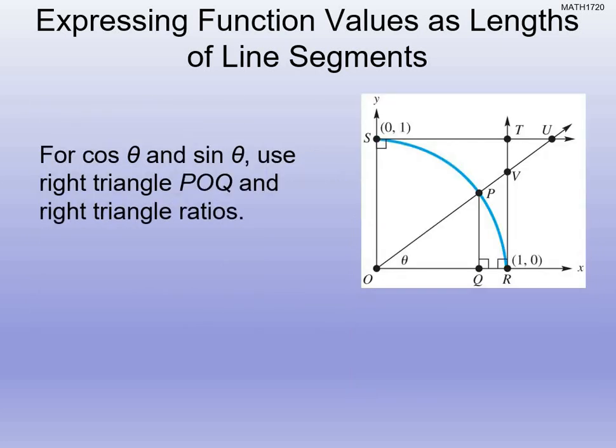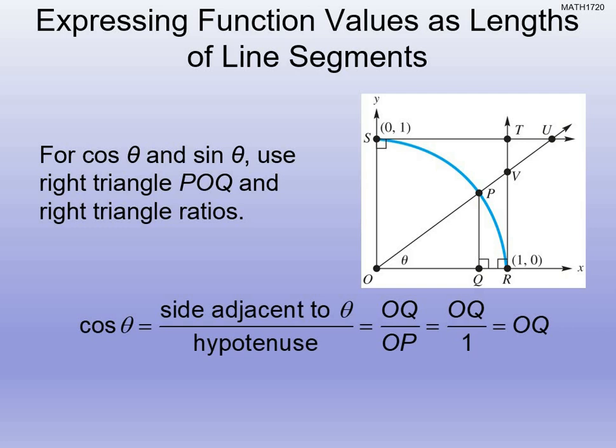So how does that really work? For cosine of theta and sine of theta, we're going to use the specific right triangle POQ. If you look on the graph, it's nicely marked with theta for us. So we have our different right triangle trig that we can apply there. That's a right angle. So we know that cosine of theta is adjacent over hypotenuse. Adjacent at that particular point is OQ, and the hypotenuse is OP.